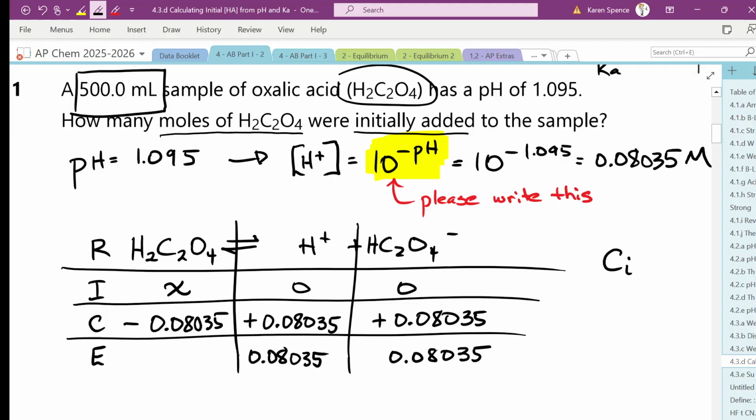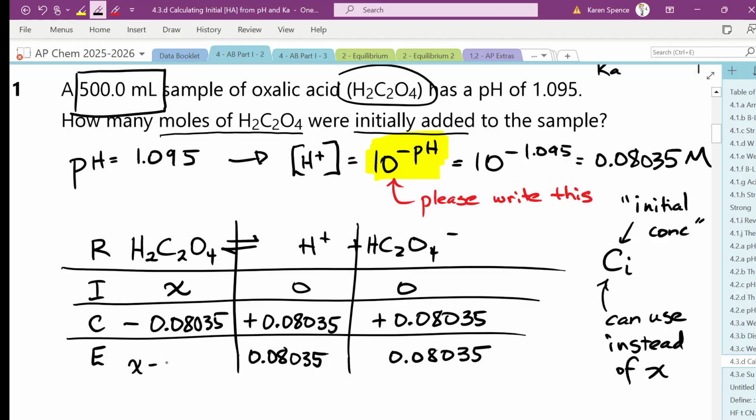If you find having X for your change confusing, you can use CI instead of X, but X is fine. Okay, so now we have X minus 0.08035.